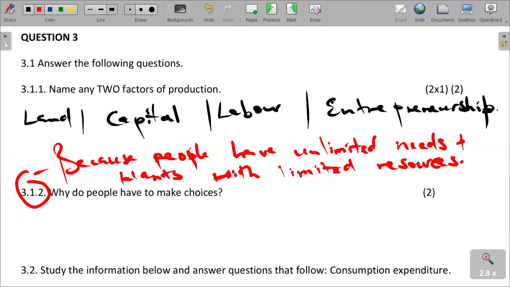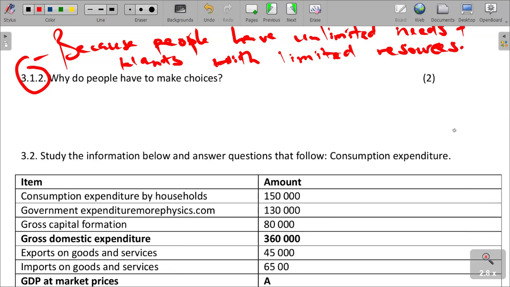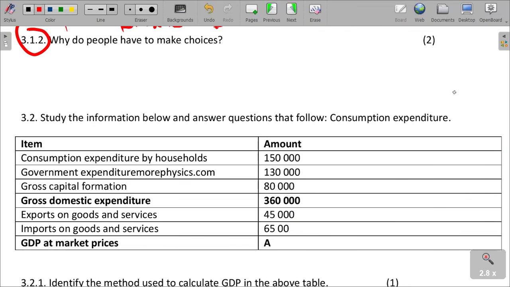And then, study the diagram, the information below, and answer the questions that follow. We are given 3.2.